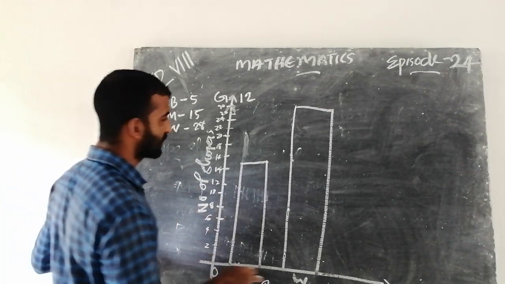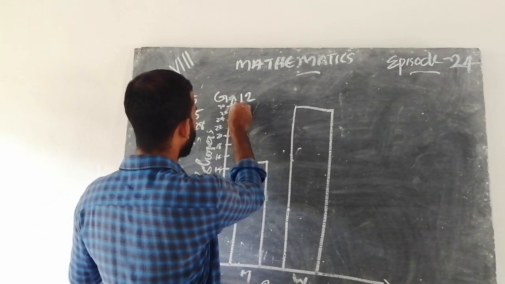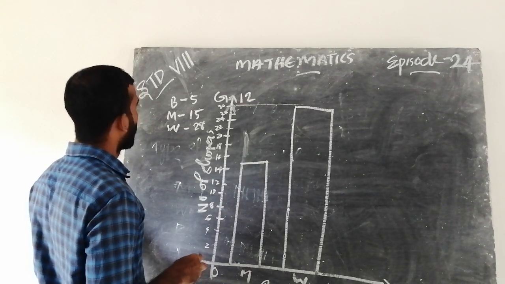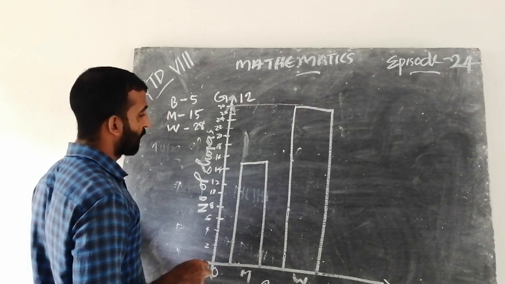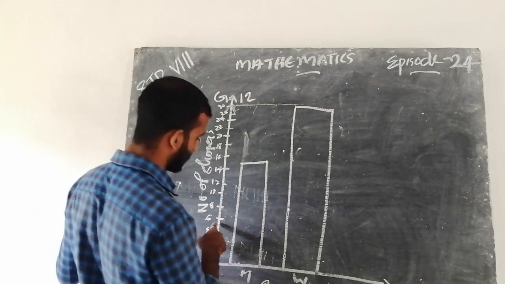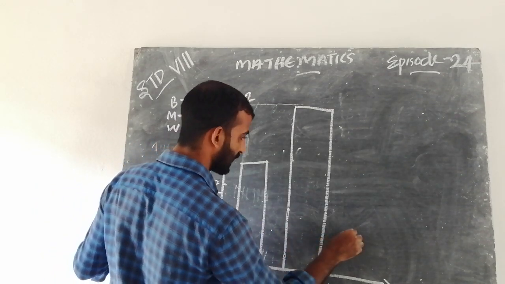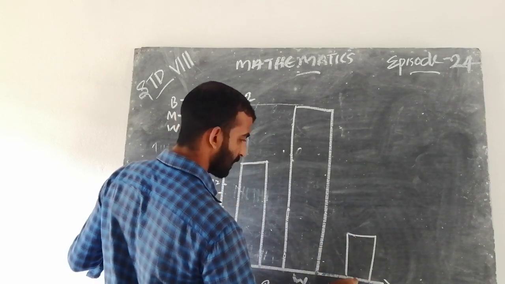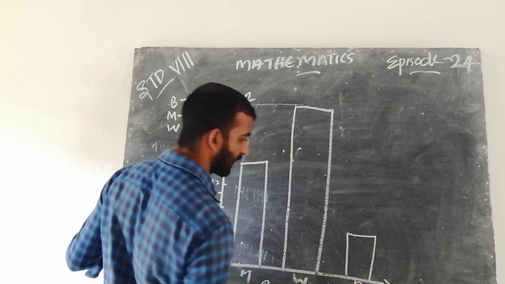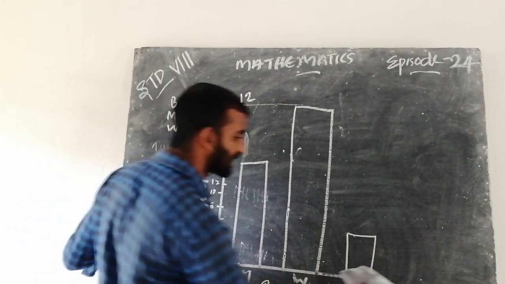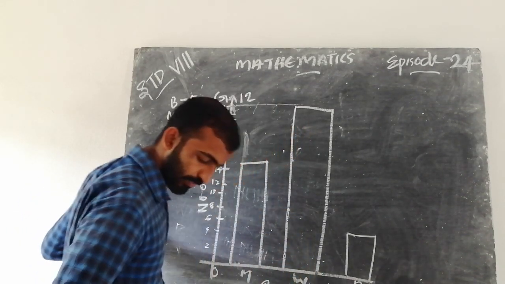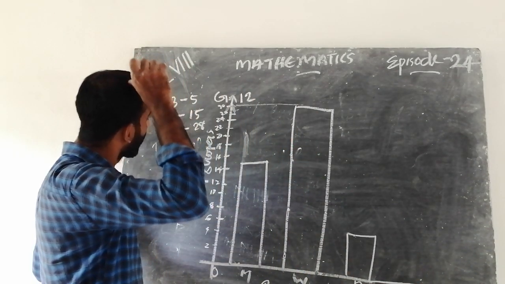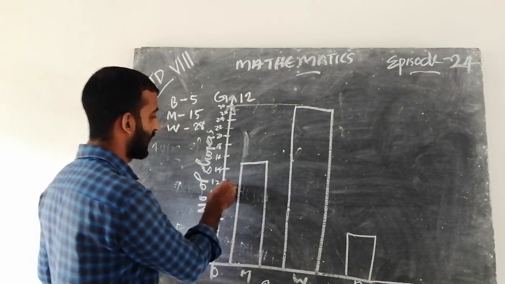Women is 28, that is here is 28, and next is boys 5. 5 is in between 6 and 4. Boys. And next is girls. Girls is 12, that is here.